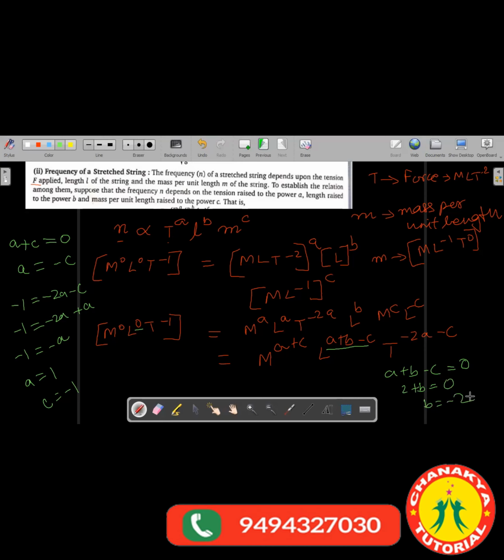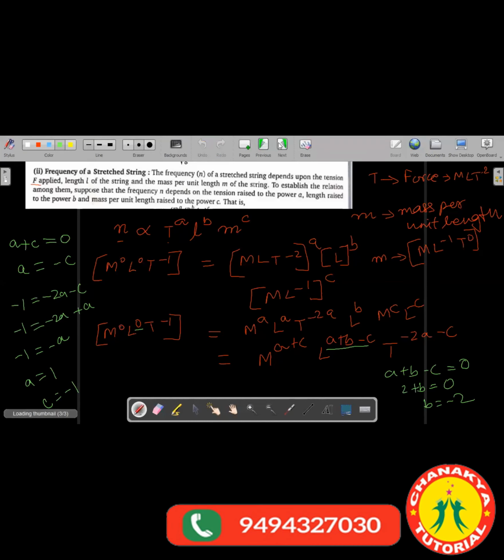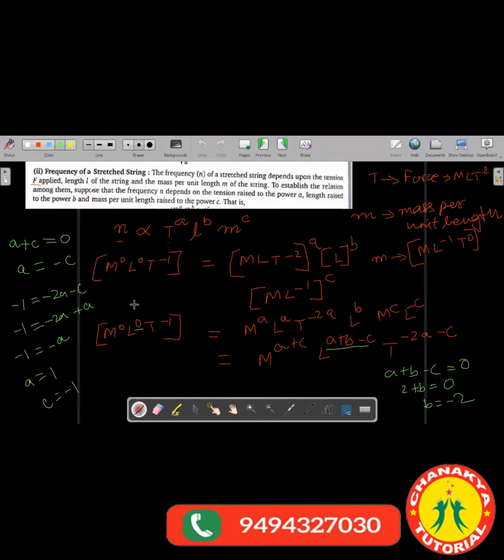Now we can put all these values and obtain the frequency. We get N proportional to T to the power A, and A we have got as 1.